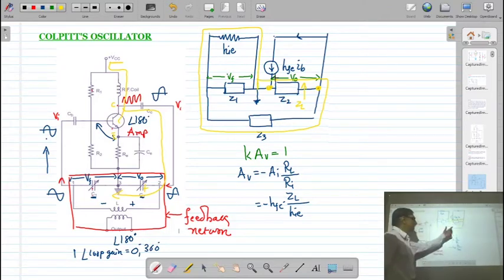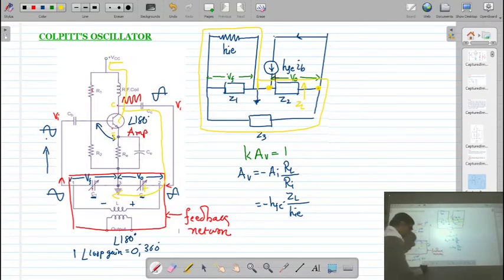Here, Z2 is there, Z3 is there, Z1 is there. There is a parallel combination of Z1 and HIE, and that parallel combination is in series with Z3, and then it is in parallel with Z2.